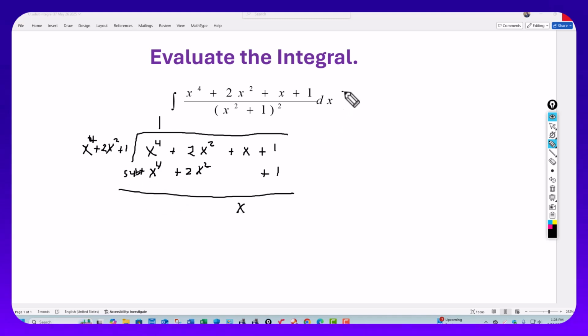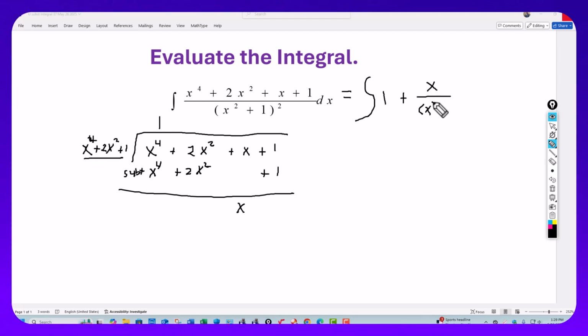And this will equal to the integral of 1 plus the remainder, which is x, over the divisor. And I'm going to use the original expression for the divisor, x squared plus 1 squared, instead of using what I have here.